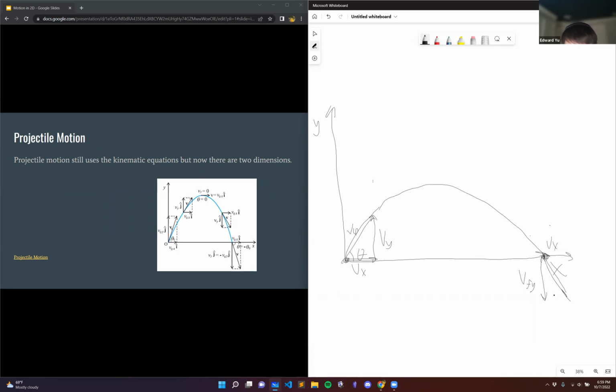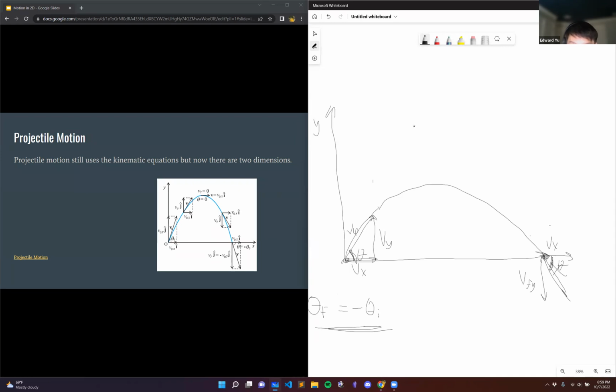And you can use the Pythagorean theorem to find the V final. And another thing is that the initial theta will always be the same at the end. So this theta will also be equal to the initial theta, but negative. So the final theta is equal to negative initial theta.